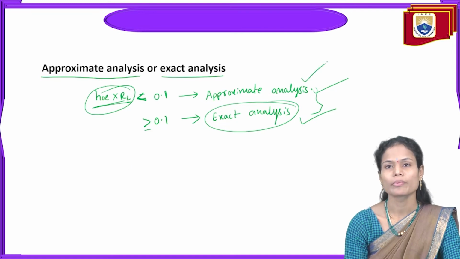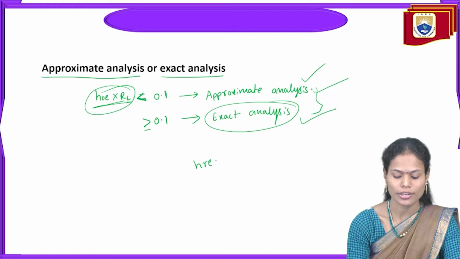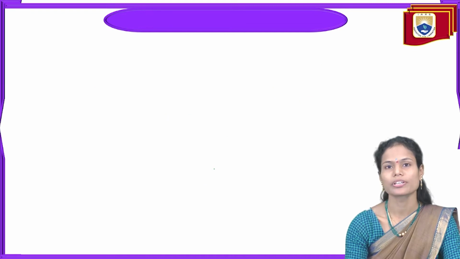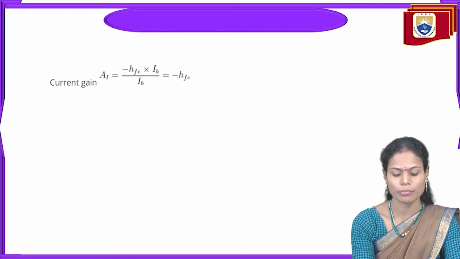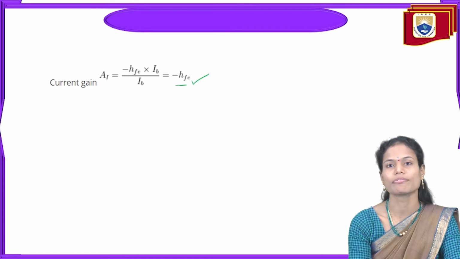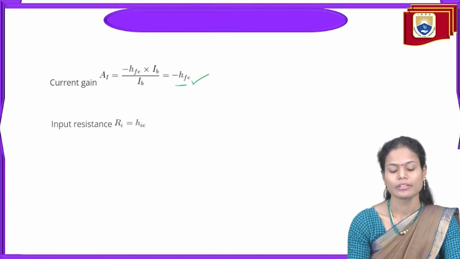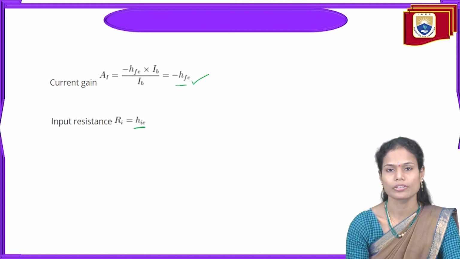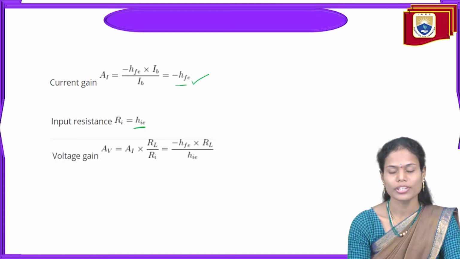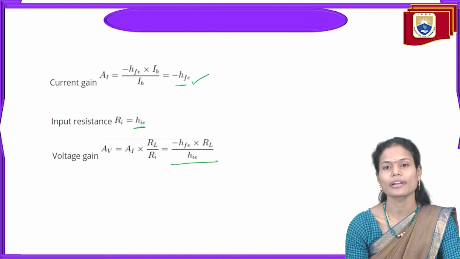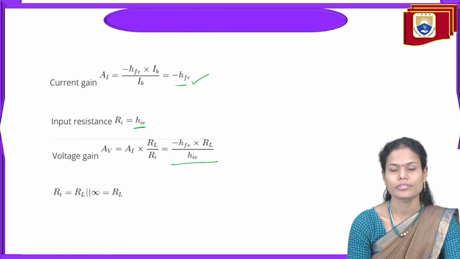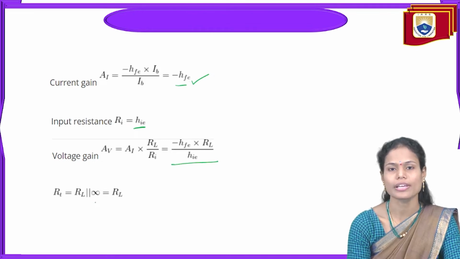While coming to the approximate analysis, we will neglect the HRE terms as well as HOE term in the formulas, so that the approximated formulas are: current gain is minus HFE here, input resistance is directly equal to the input resistance of the hybrid equivalent circuit, HIE, and the voltage gain is equal to minus HFE into RL by HIE, and the output resistance is the parallel combination of load resistance and output impedance of the circuit, that is always infinity here.